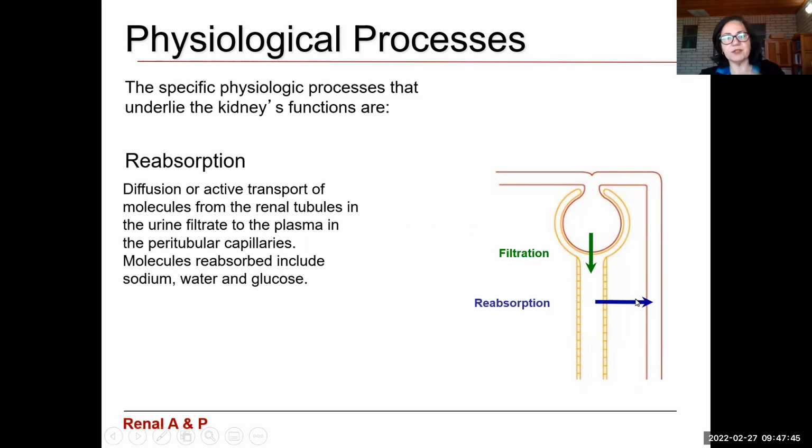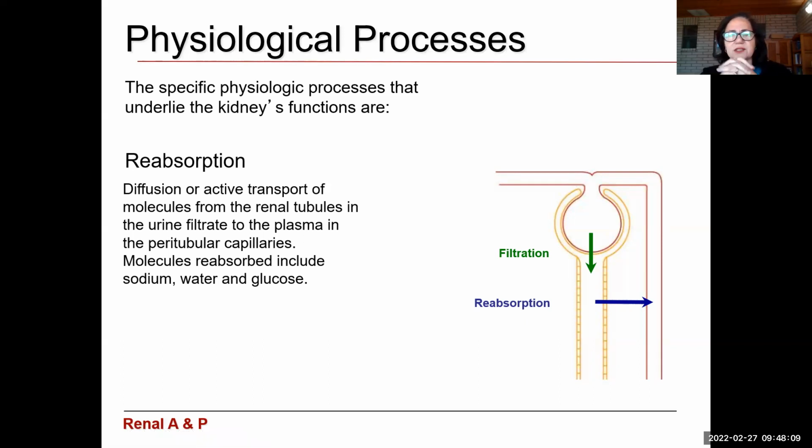And so there's some diffusion, some active transport, meaning you have to pay for it with ATP, moving material from this filtrate that's here in the renal tubule back into the bloodstream.